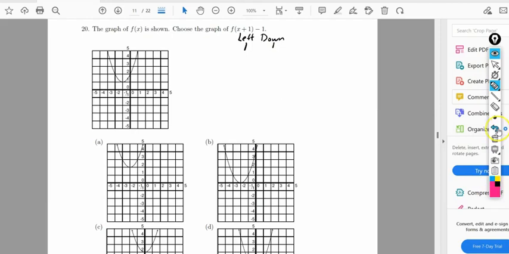So what we're going to do is this point starts here and we go left 1 and down 1. And so everything here will go left 1 and down 1. The one that we want should look like that. Okay, so that's this one here. So the answer to number 20 is B.